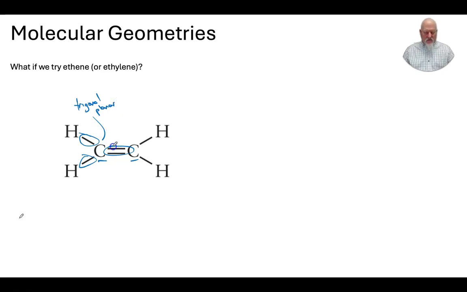And the carbon on the right has 1, 2, 3 bonding groups around it and no non-bonding groups. So it's also trigonal planar. So both of those are trigonal planar, meaning they've got 3 bonding groups that are equally spaced around each of them.